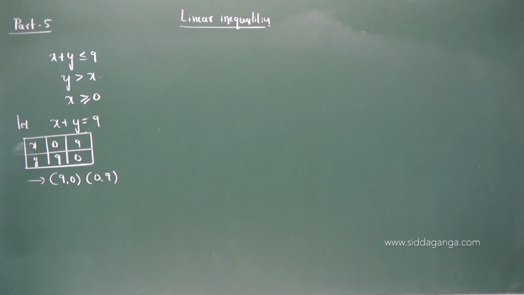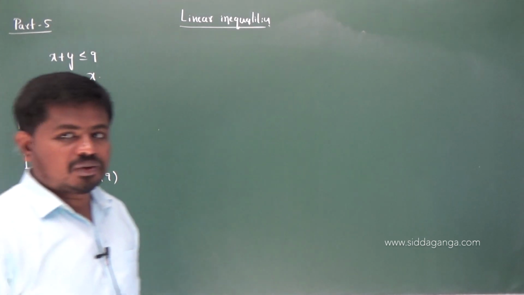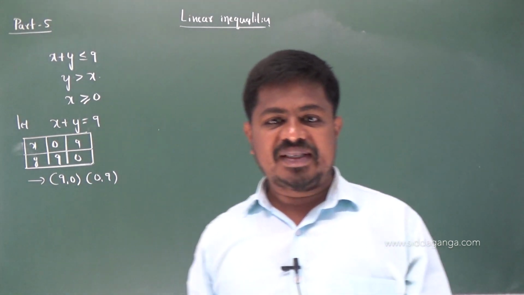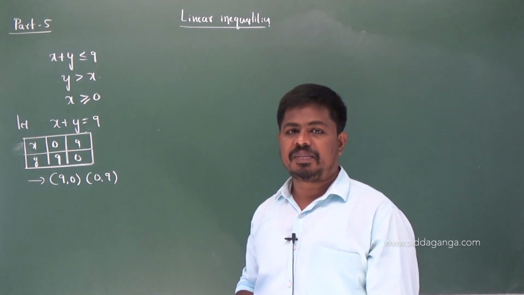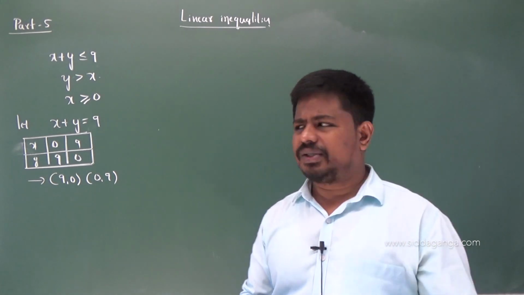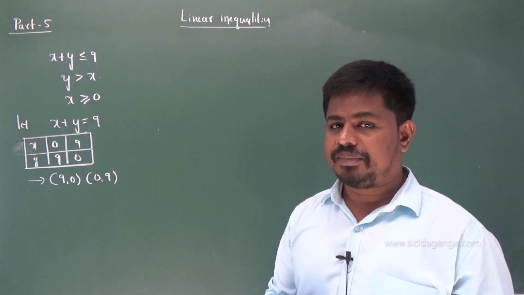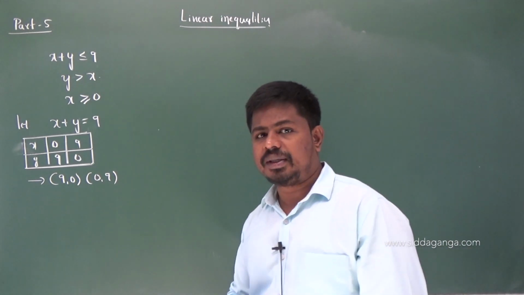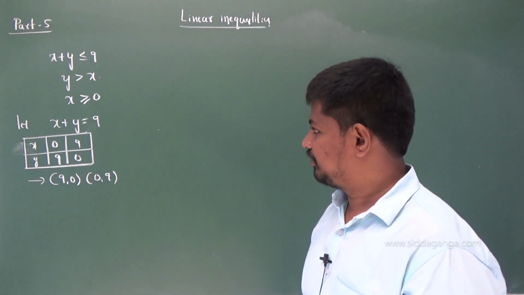The second line is y is equal to x. Hope you are familiar with the line x equal to y, right? It is a line which divides the plane into two equal parts. It is actually the identity function, and I think you are all familiar with the graph of y equal to x.